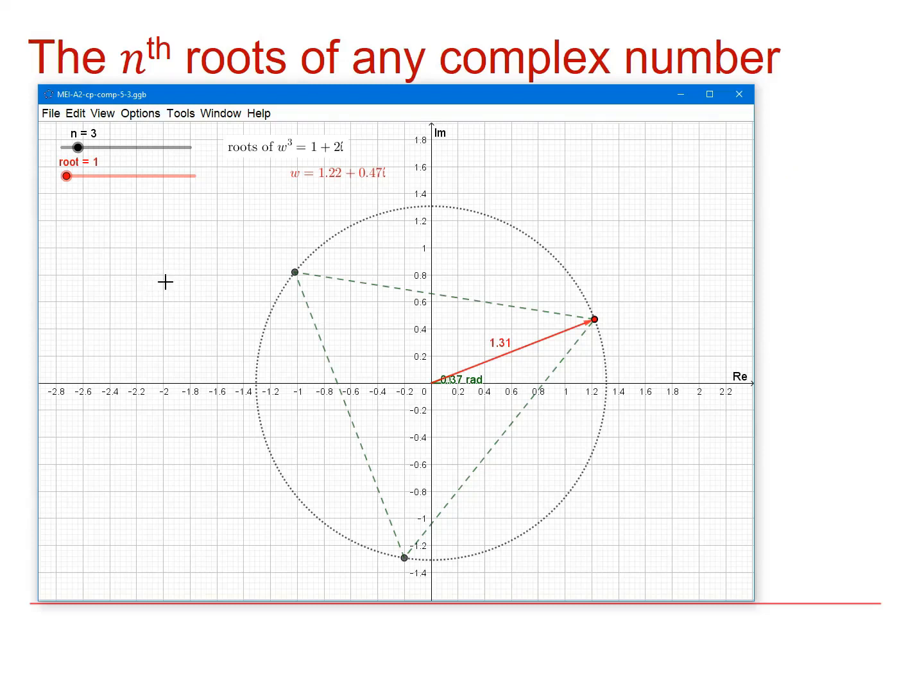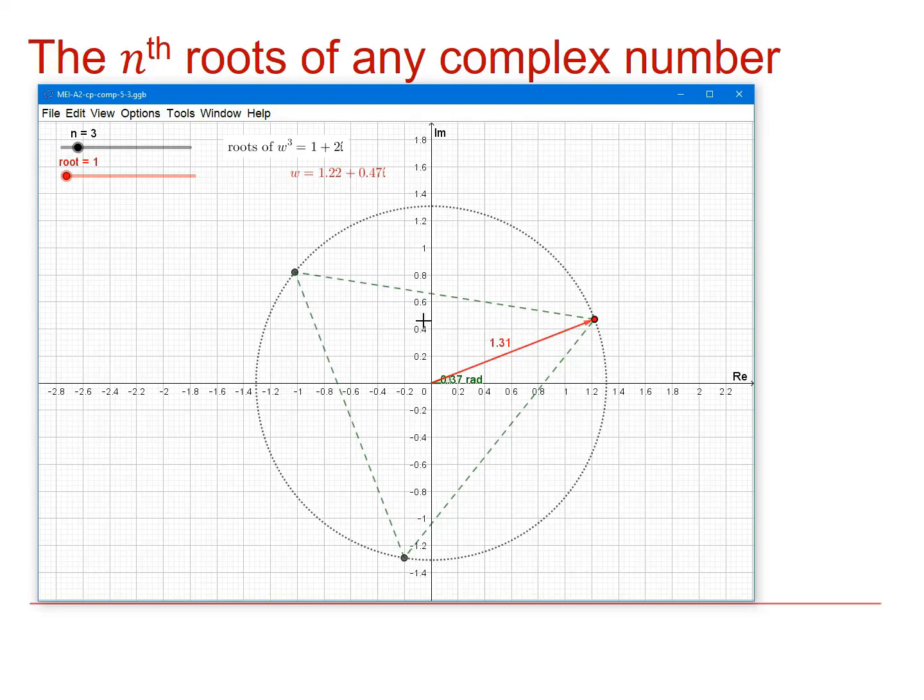Let's have a look at a plot for the nth roots of any complex number. This example is based on a complex number 1 plus 2i, and there are 3 cube roots here. There's the first one, there's the second one, there's the third, and they're evenly spaced around this circle.